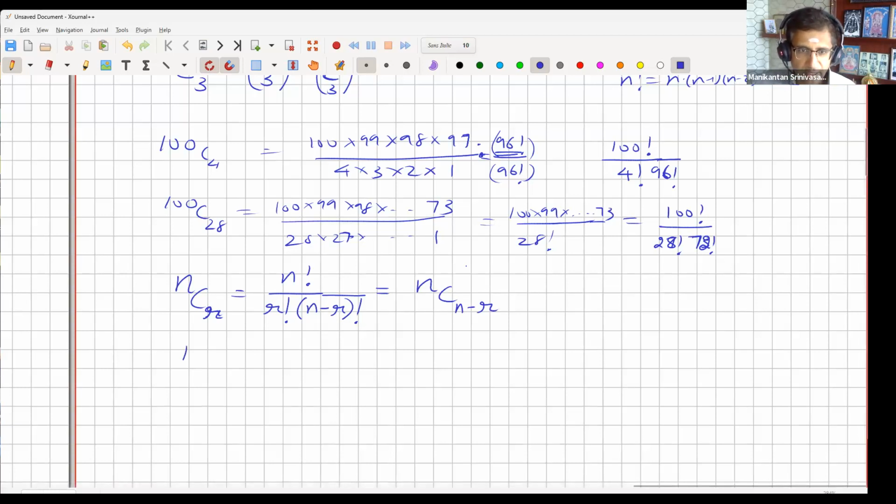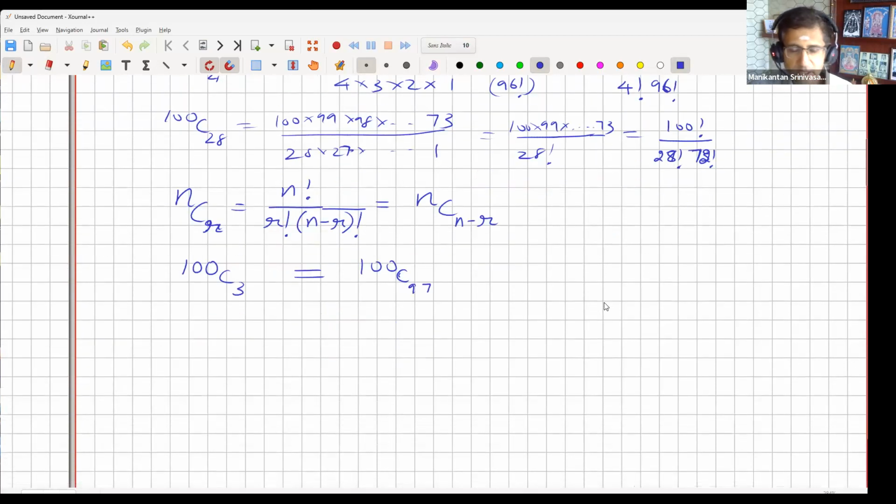And this is not very difficult to understand. Suppose I have to choose 3, it's the same as choosing 97 from a class of, let's say, 100 students. The teacher has to select the best 97 students. She's not going to say select the top 97 students. She's just going to select the worst 3 students and automatically the remaining 97 are selected.